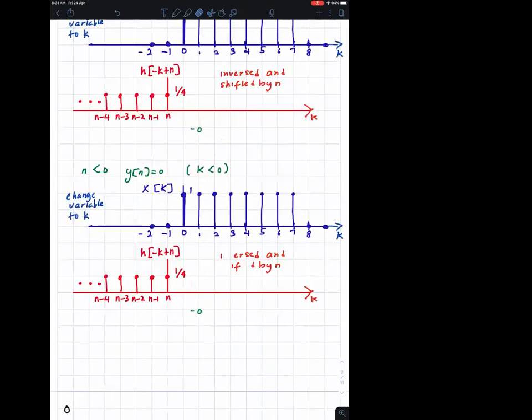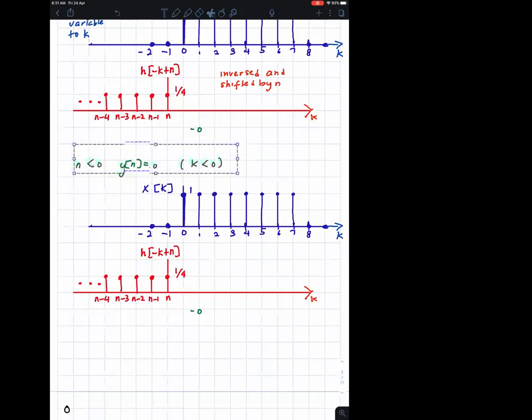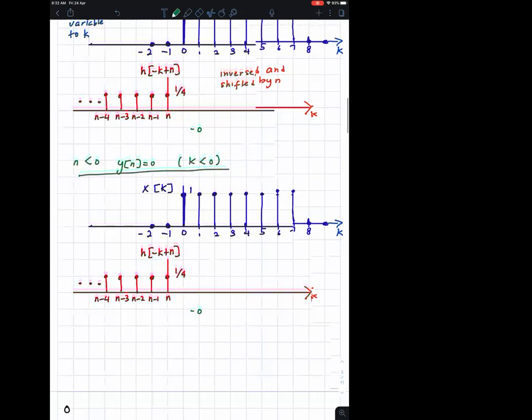The next time, you don't really have to draw them over and over again. This is the first scenario: when n is less than 0, the output is 0 because there's no overlap.